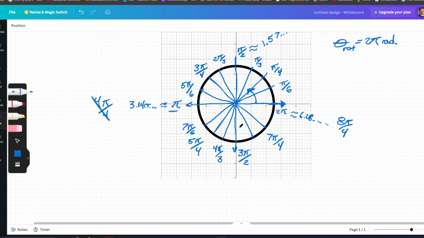Oh, lost my count. 6 pi over 6, 7 pi over 6, 8 pi over 6, sorry, and then 9 pi over 6, and again 9 pi over 6 reduces to 3 pi over 2, and then 10 pi over 6 would reduce to our 5 pi over 3, and then one more here, 11 pi over 6, which doesn't reduce, and then 12 pi over 6, which reduces to 2 pi.